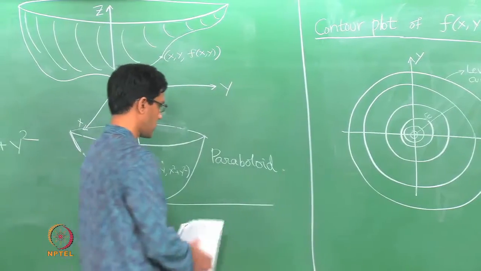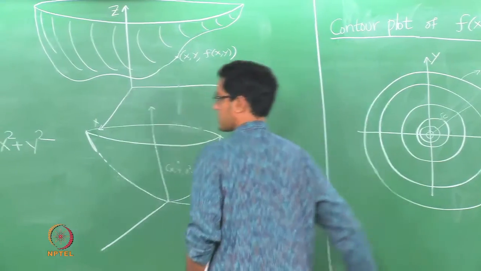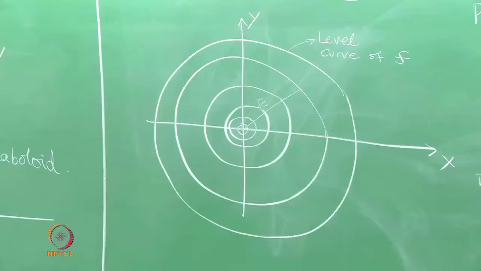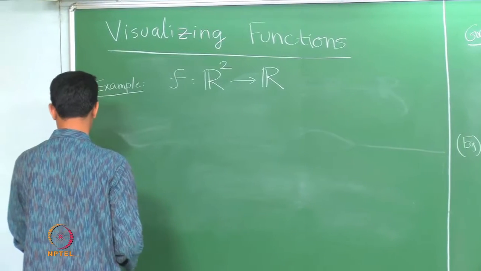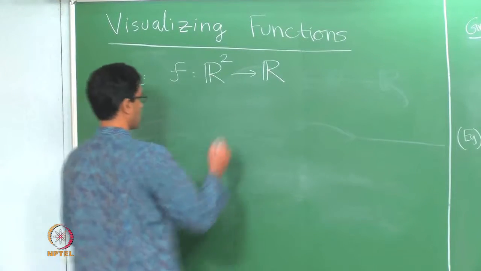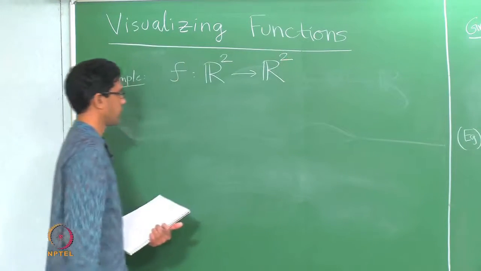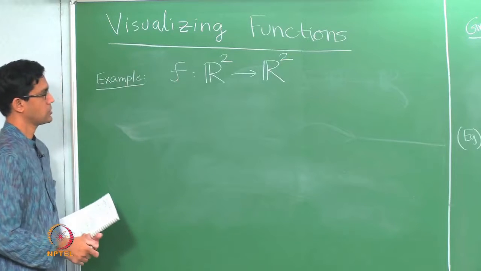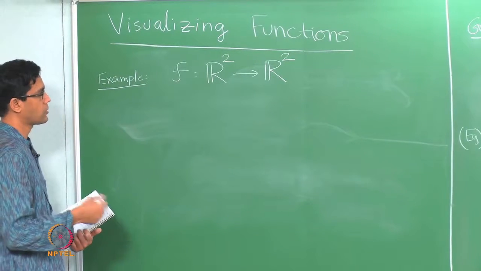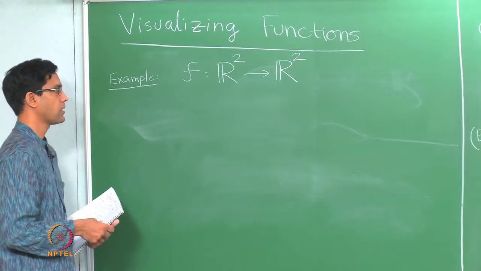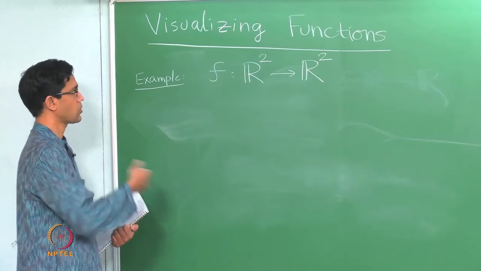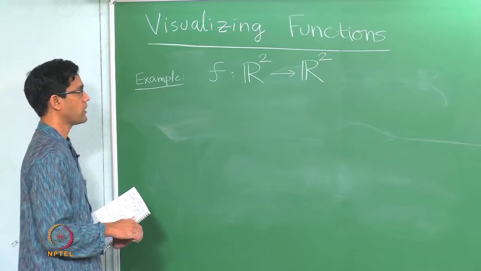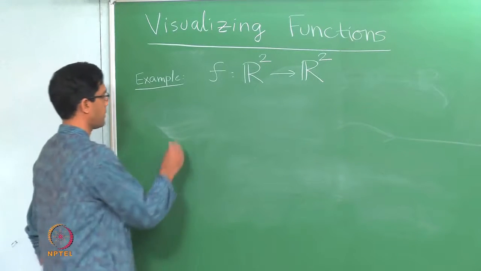Now, the final thing, since I have been playing with R and R2, is this. I have looked at functions from R to R, functions from R2 to R, from R to R2, and then finally I want to slowly get into this case of looking at functions from the plane to the plane.